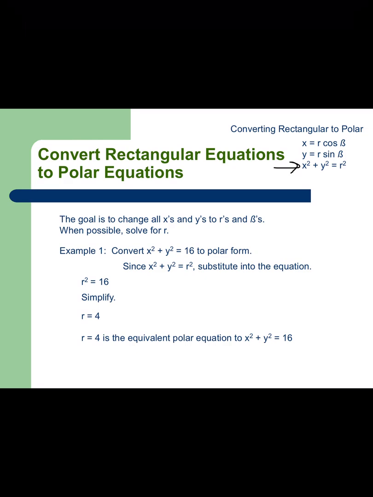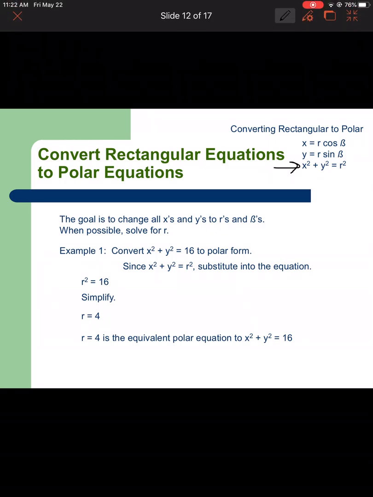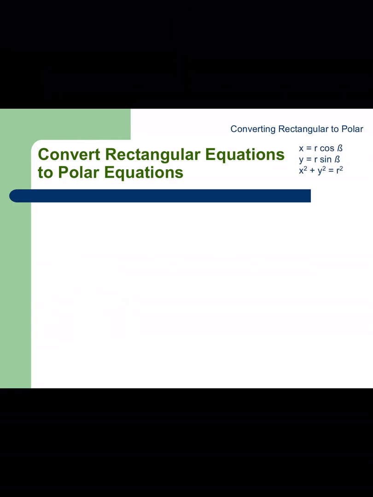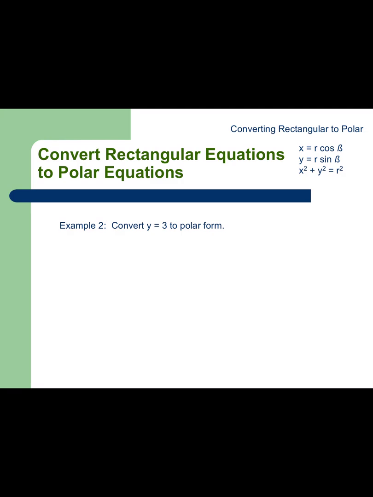Did I successfully manipulate to only get r's and betas? Okay, we don't have a beta. Yes, that is correct. You don't need a beta, but for sure you just can't have x's and y's. So the fact that we at least have an r, that's all that matters. Okay? All right, the next equation is going to be convert y equals 3 to polar form.